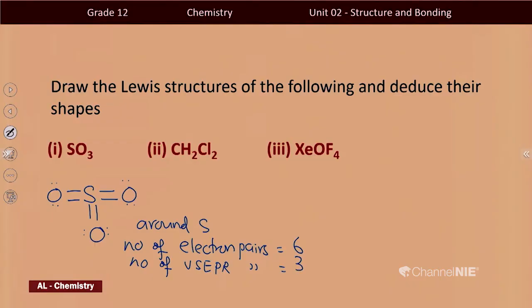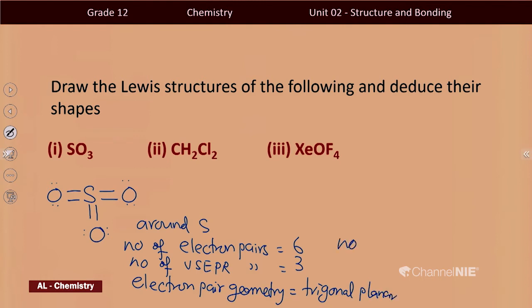According to the VSEPR pairs, electron pair geometry is trigonal planar. Number of lone pairs: none here. So, the shape is trigonal planar.